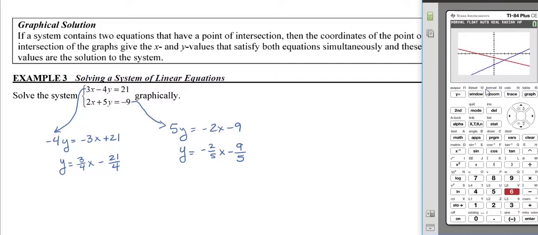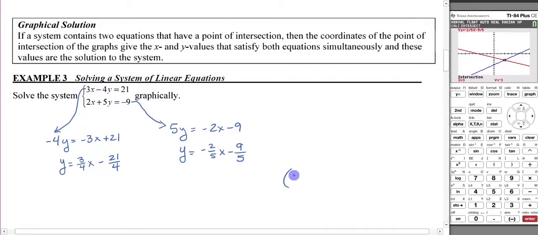Once you have those graphed in your calculator, we're going to go into the Calculate menu. So Second, Calculate. We're going to calculate the intersection, first curve, second curve, and go ahead and hit enter one more time. You'll get the solution of 3, negative 3.